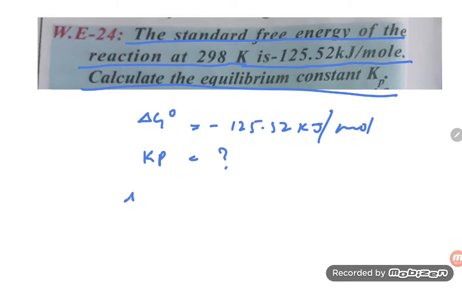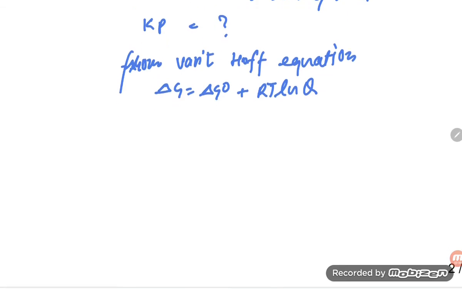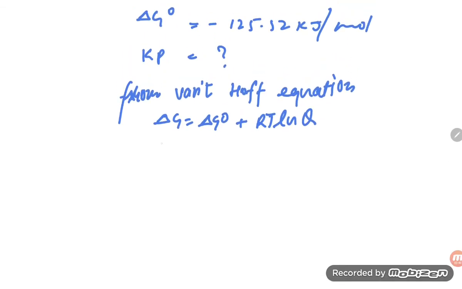So we know, students, from the van't Hoff equation, I am writing that, from the van't Hoff equation: delta G is equal to delta G naught plus RT ln Q. So we can replace this by the equilibrium constant.